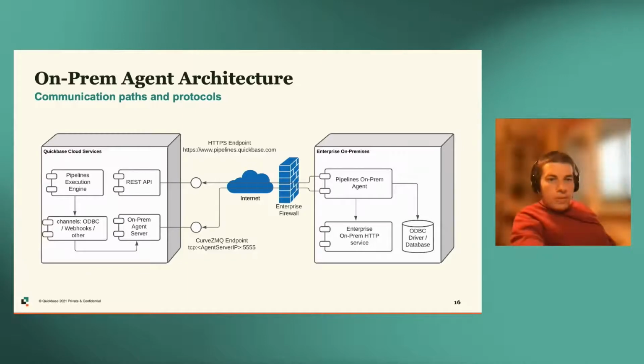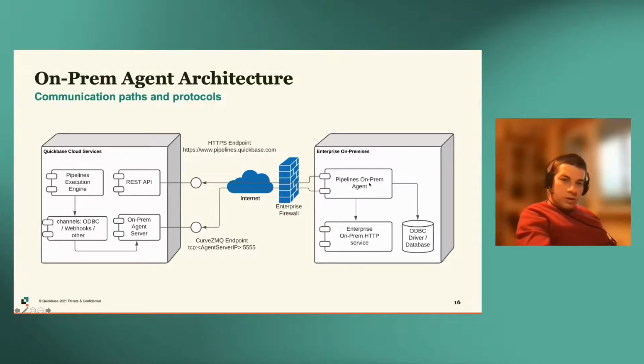So here on the right, you see the enterprise on-premise network, where the pipelines on-premise agent needs to be installed. It can be installed on any machine in that network, given that this server has connectivity to the required target services, be they either HTTP or a database accessible over ODBC.